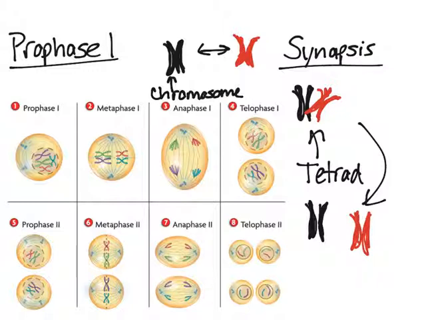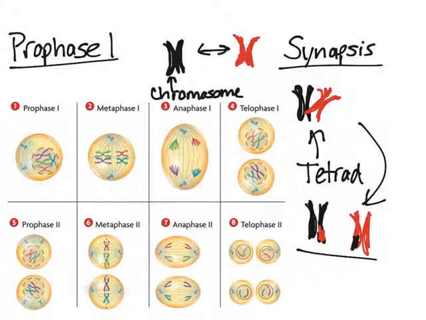However, crossing over is essentially just exchanging genetic material. So what may happen is that part of the mom's chromosome becomes attached to the dad's. It essentially switches place. And so here are the new chromosomes that result from crossing over.